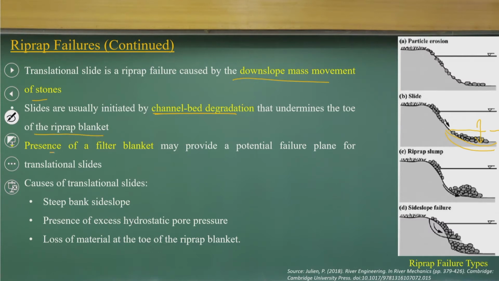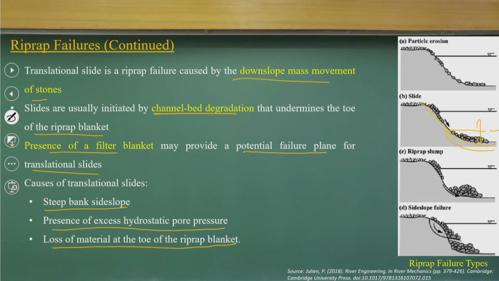The presence of a filter blanket may provide a potential failure plane for the translation slide. So, you try to understand it. If you have your filter blankets, they can also be a failure plane for the sliding. Steep banks also, presence of excess hydrostatic pore pressures, loss of the material at the toe of the riprap blankets.